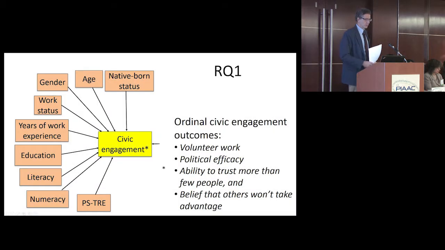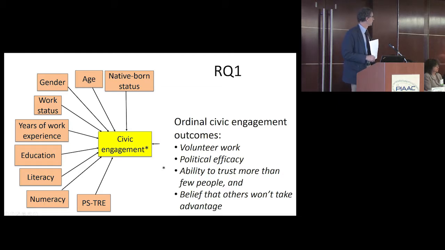So for research question 1, this is kind of what things look like. We had civic engagement as the outcome here, and in each regression it was one of four different ordinal outcomes: volunteer work, political efficacy, and then the two trust variables.